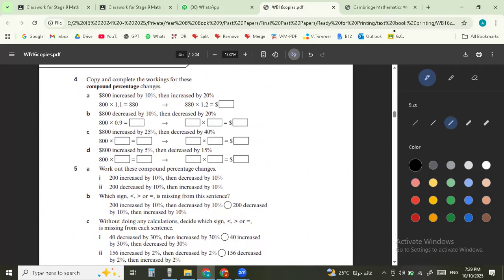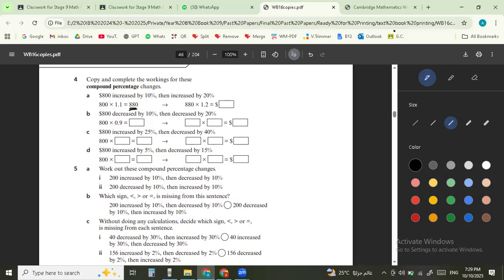You're going to do the same thing exactly over here, but here they are using compound percentages. So for example, $800 increased by 10%. Increase 10% means 110%. The multiplier is 1.1. So it is 800 times 1.1, which is going to give me 880.